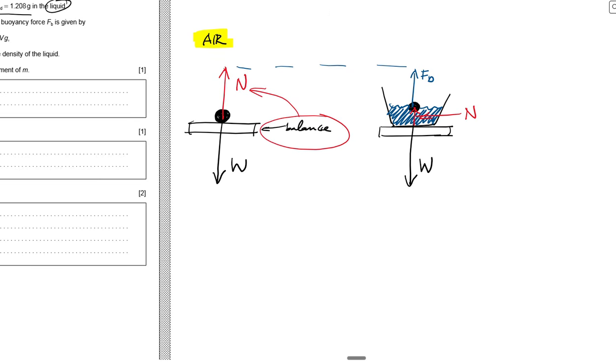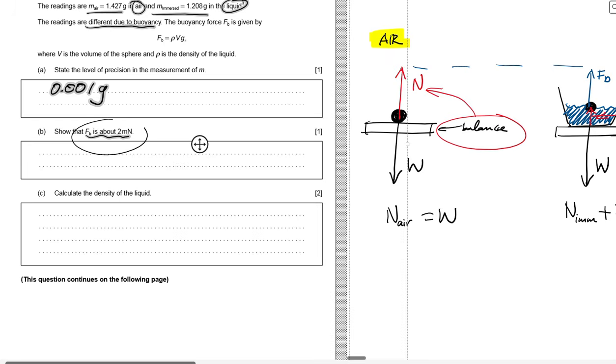What changes is the normal force. And so we have N in air is equal to W. We have N immersed plus FB is equal to W. And you can visually see that, right? Sum of forces. And so now we have to find FB.